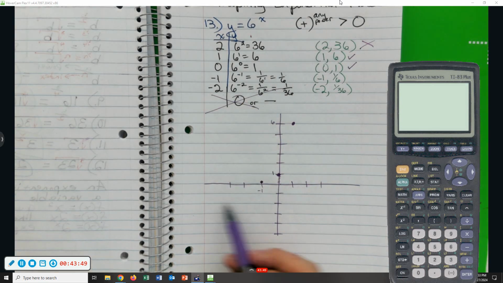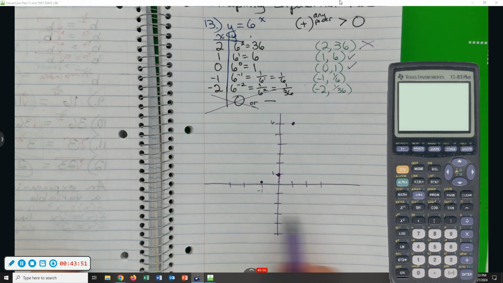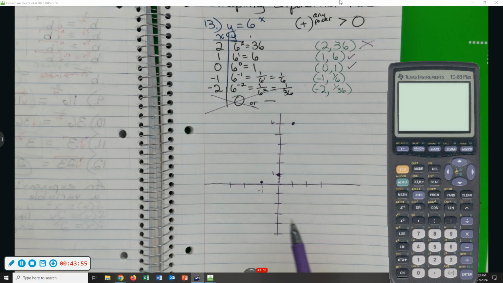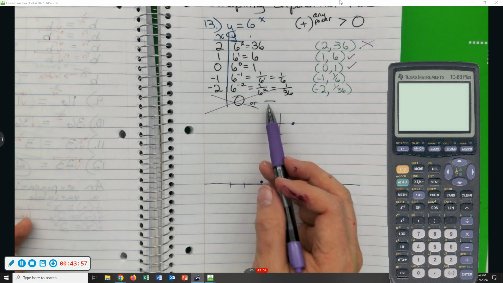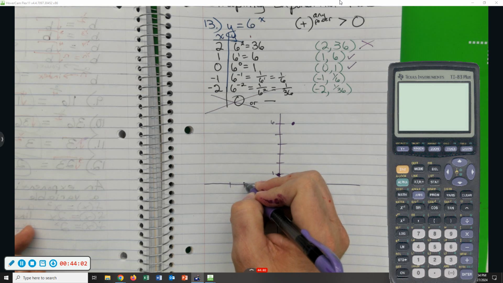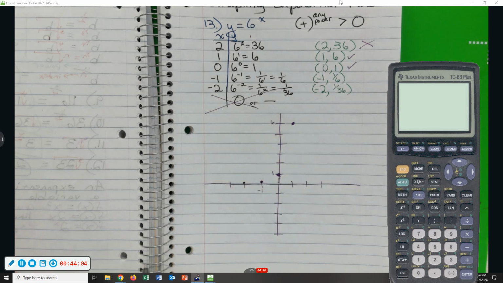Can the graph pass below the x-axis? Are we going to have anything out here? No, because that would mean the y value has to be negative. At left 2, you only go up 1/36. That's even closer to the x-axis.